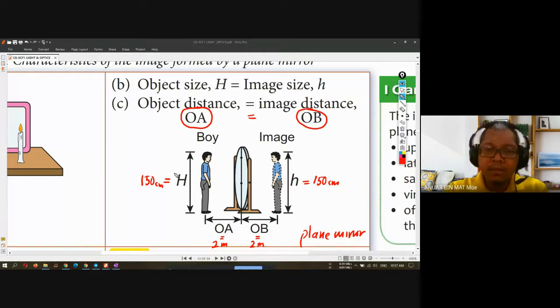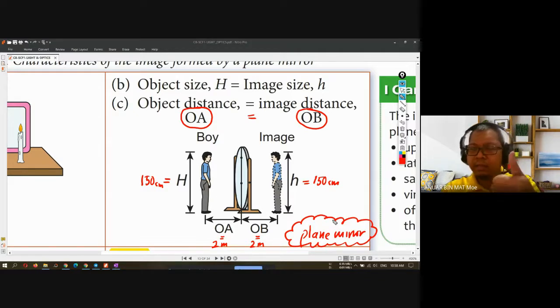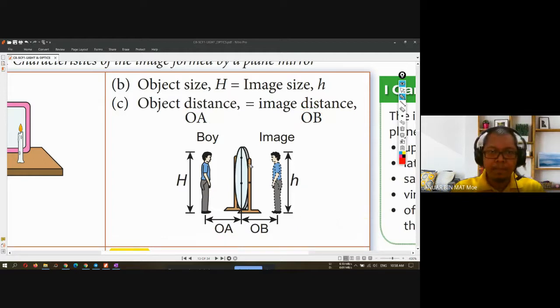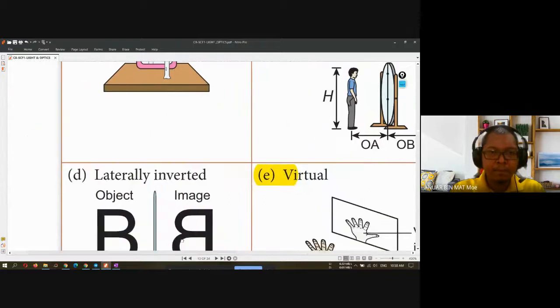Okay, meaning the distance from the real object to the plane mirror, and then from the mirror to the image formed, is the same distance. Same distance because we are using plane mirror. You just remember this: same distance, same size. That's all. Okay. So what is the characteristic number 3?